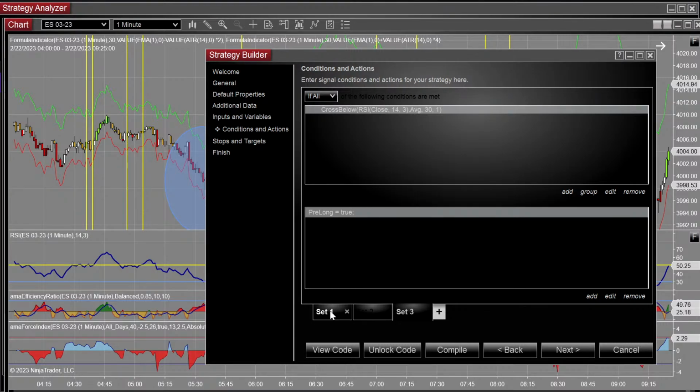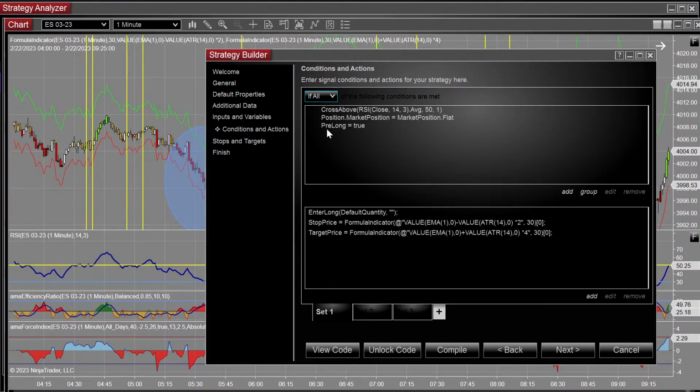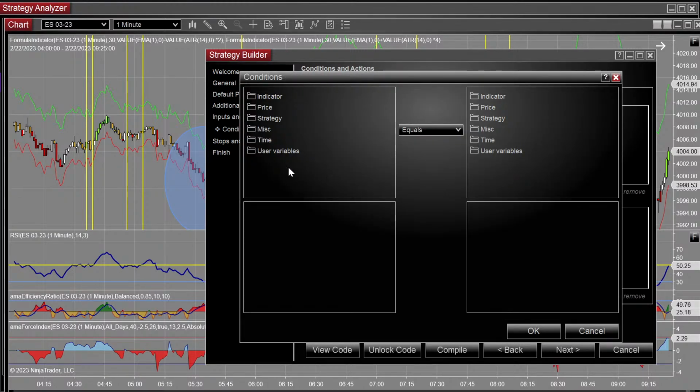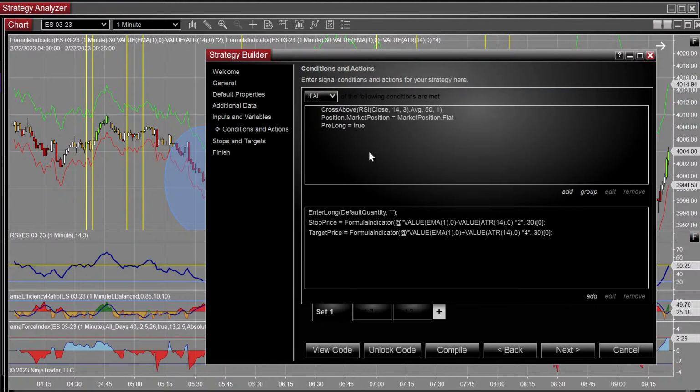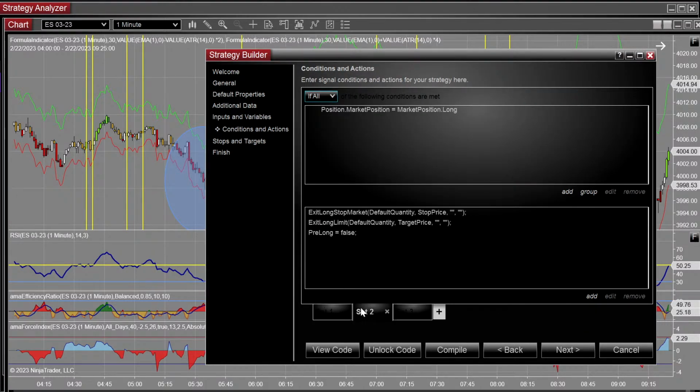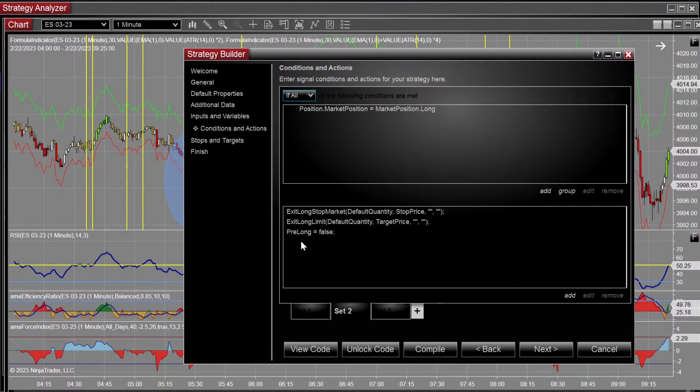Then we go back to our other set and we say that pre-long has to be true. In the conditions, you choose user variables, choose our variable and say that it has to equal true. And then whenever we're long, it sets it back to false.